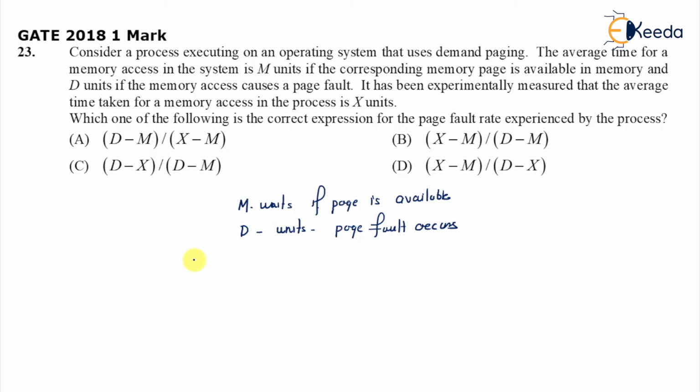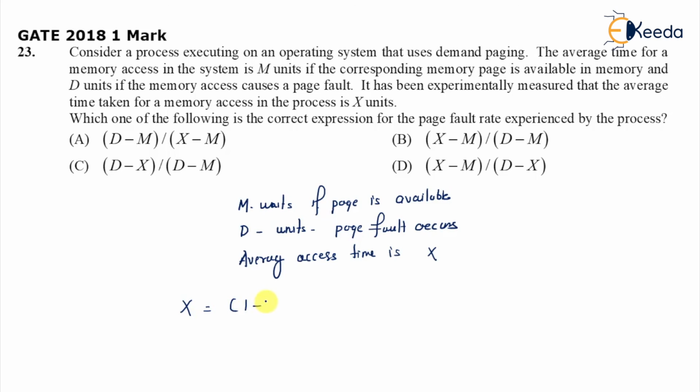It has been experimentally measured that the average time taken for memory access is x. Which of the following is the correct expression for the page fault rate experienced by the process? The average access time is x.